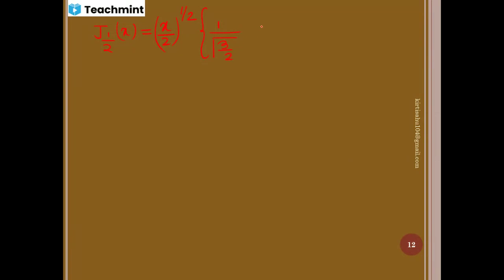Similarly, when I put r as 1, I will get x square upon gamma of 5 by 2. Then the next term will be x to the power 4 for r equal to 2, upon gamma of 7 by 2. Like this we get various terms.